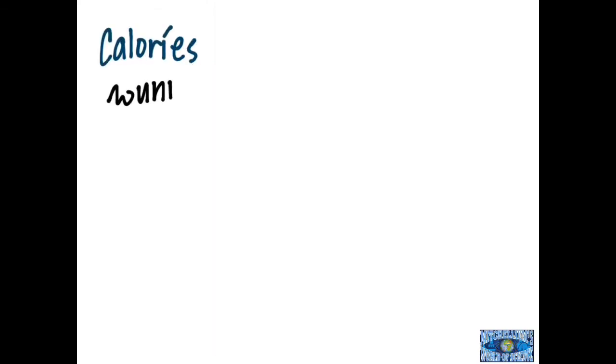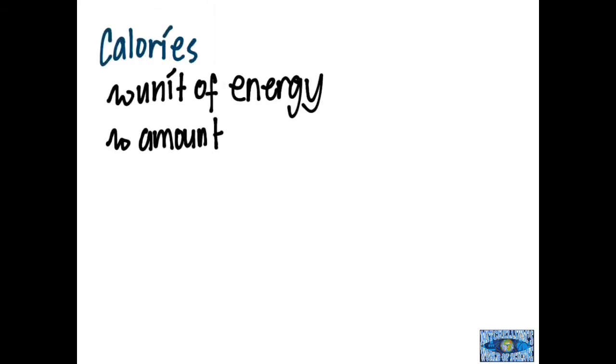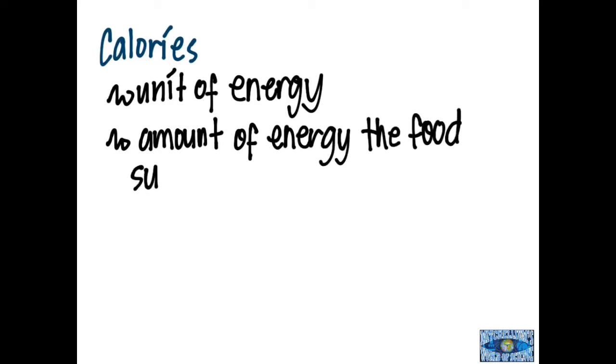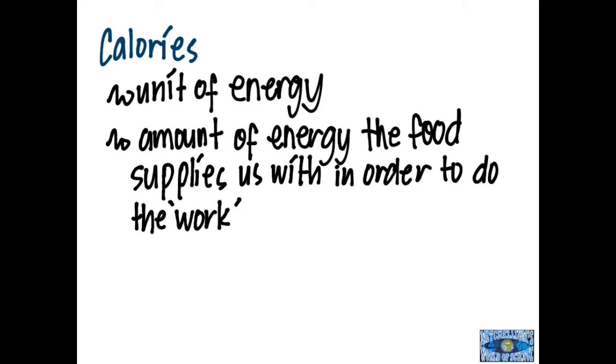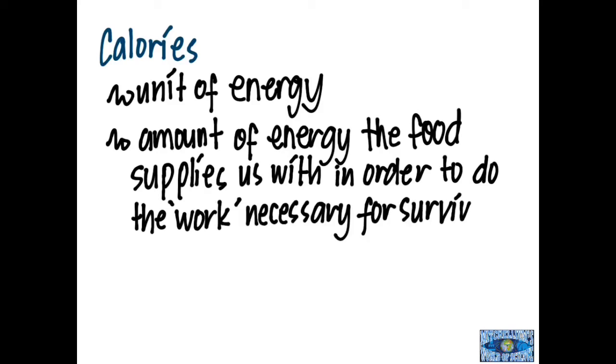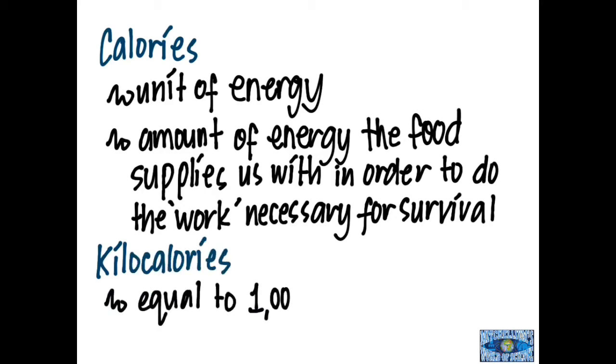It is important to understand that calories are just a unit of energy, just as centimeters are a unit of length. Therefore, when we talk about calories in the food we eat, we are talking about the amount of energy the food supplies us with in order to do the work necessary for survival. A kilocalorie is a unit of energy equal to 1,000 calories.